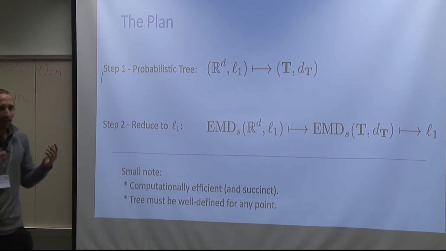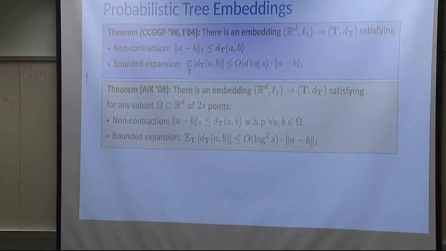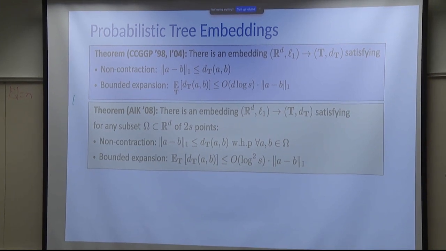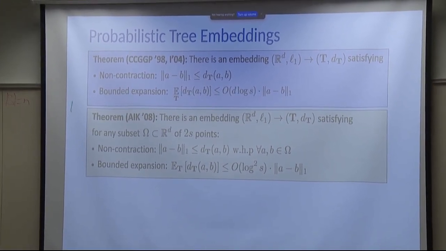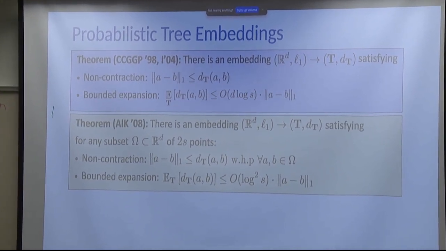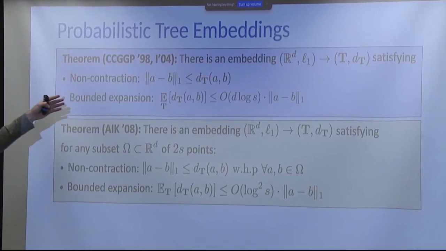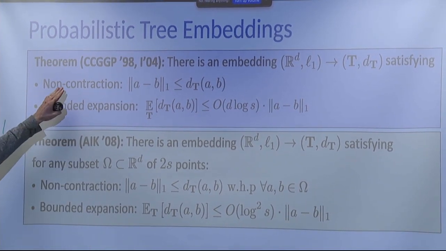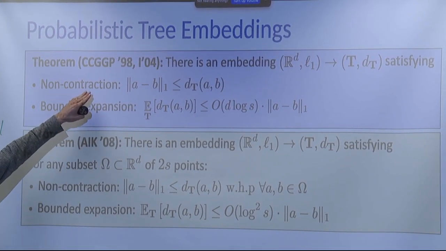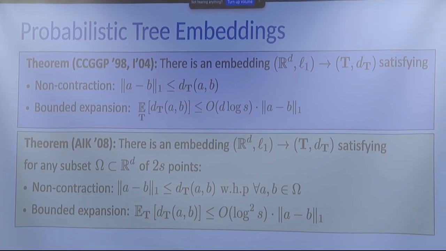Okay, so in the context of probabilistic trees, this is how the results obtain the corresponding nearest neighbor search data structures. The work of Indyk also builds on the work of Charikar, Chekuri, Goel, Guha, and Plotkin. I think that's correct, yes.